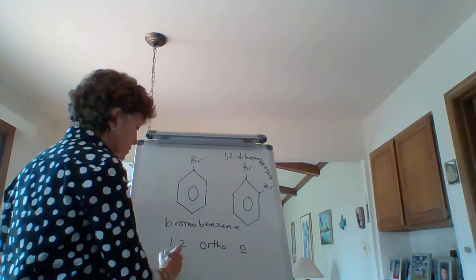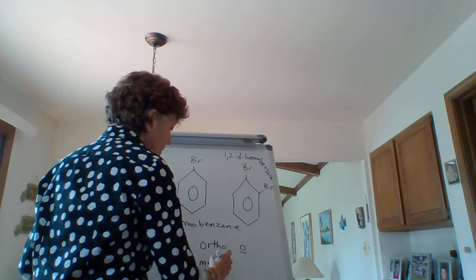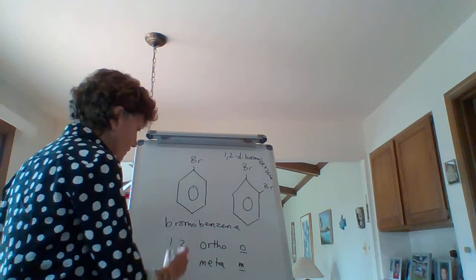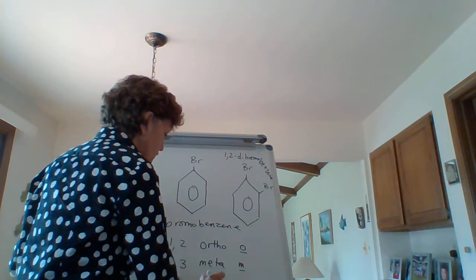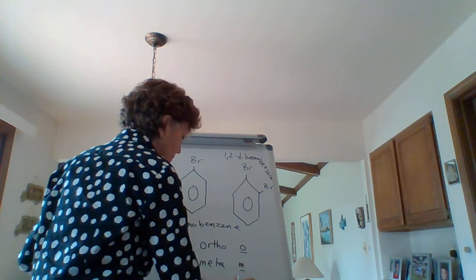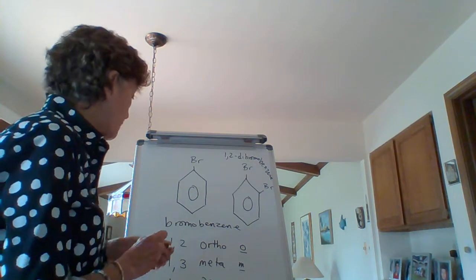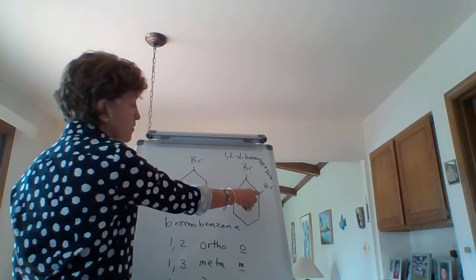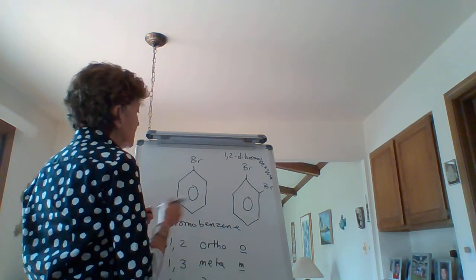If the substituents are on 1 and 3, you use the term meta, M with a line underneath. If the substituents are on 1 and 4, you use the term para, P with a line underneath. So ortho, meta, para.